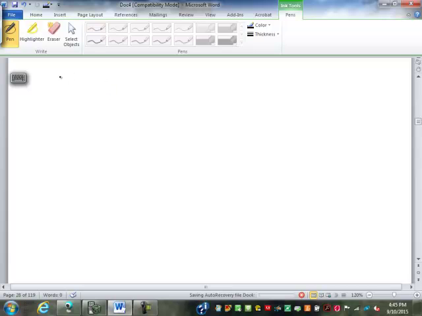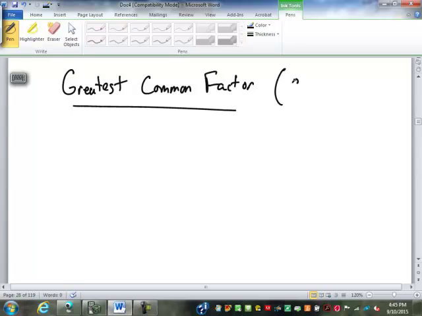The first one is something called a greatest common factor, from here on out to be known as the GCF. Certain numbers have factors in common. If I were to put up 18 and 24, they have a lot of factors in common. Both of them have factors of 2, 3, 6.